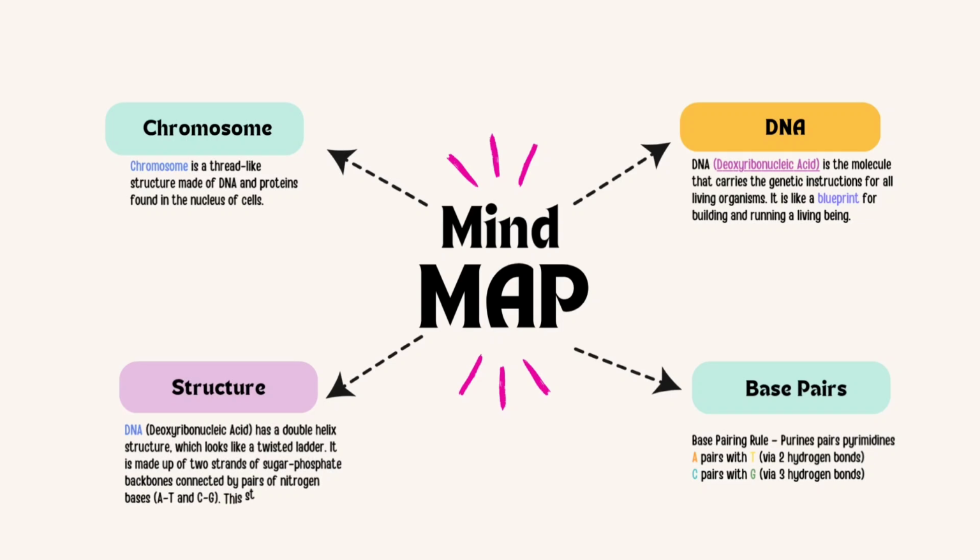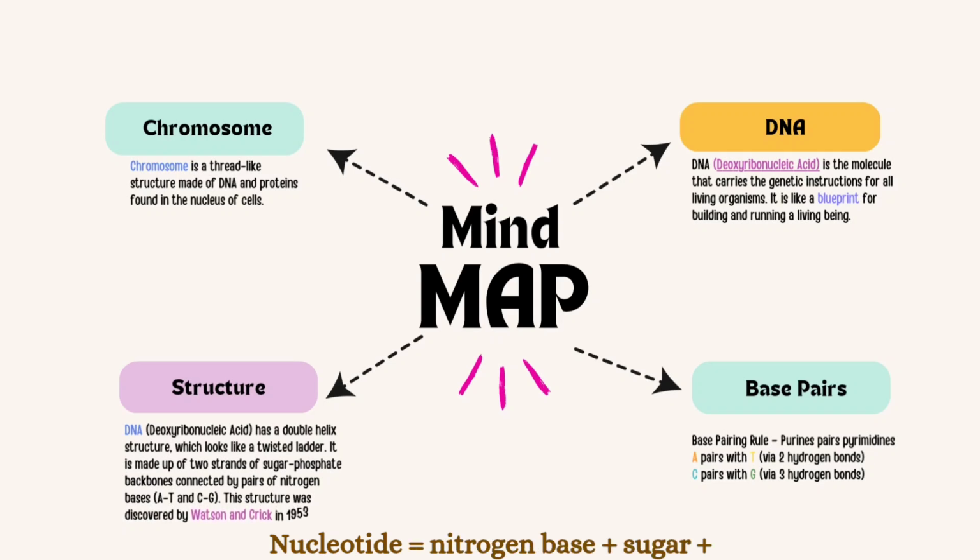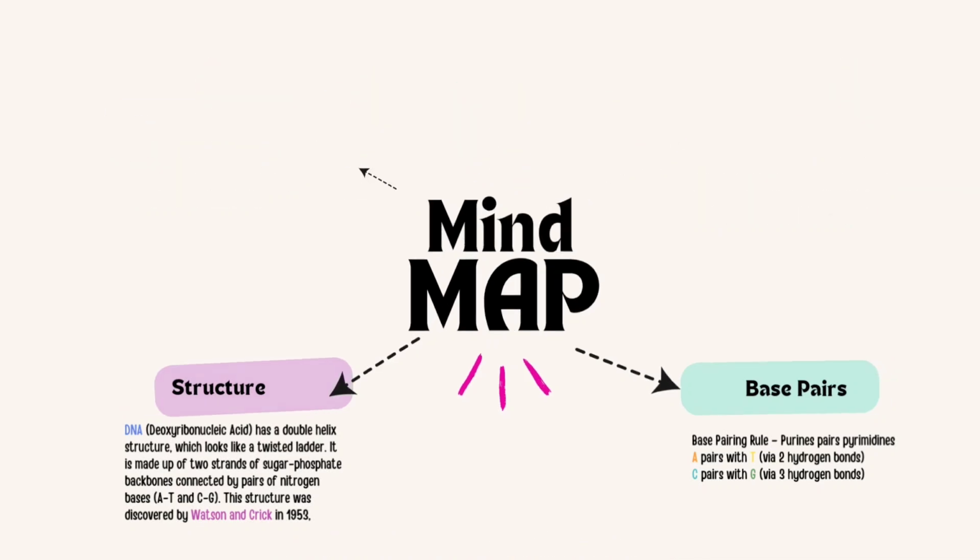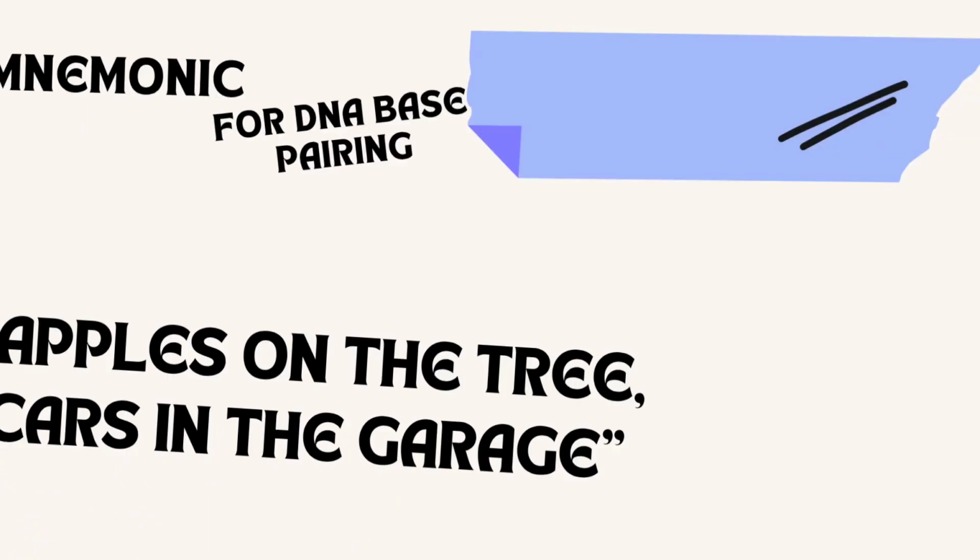It is a double helix DNA in which nucleotides are present. One nucleotide is sugar plus phosphate plus nitrogen base. These base pairs are like best friends. Who are they? Adenine and thymine with double hydrogen bond, guanine and cytosine with triple hydrogen bond.